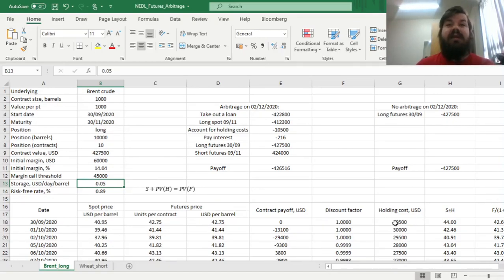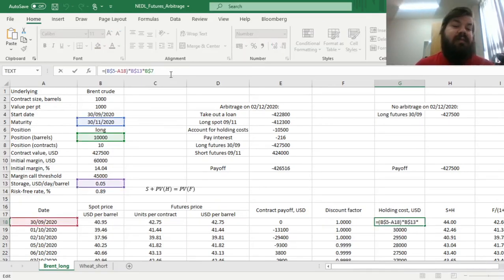And then we can calculate the holding cost if we have bought the spot on a particular day by using this simple logic. First of all, we figure out how many calendar days we would have needed to store oil for, from the date when we buy oil, 30th of September 2020 here, until the maturity date of 30th of November 2020.